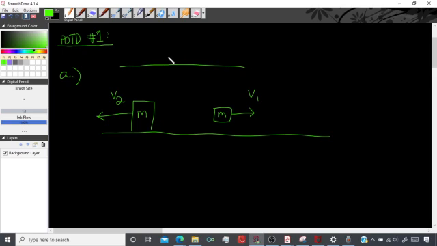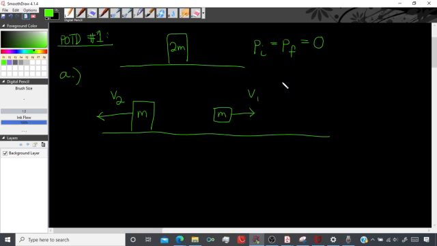Initially, the system was at rest, with me holding the block, so the system initially looked like this. Because the surface of the ice is frictionless, we know that the horizontal momentum must be conserved, so it has to be zero, or it's always zero.